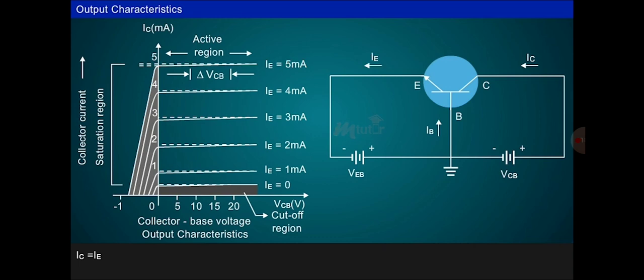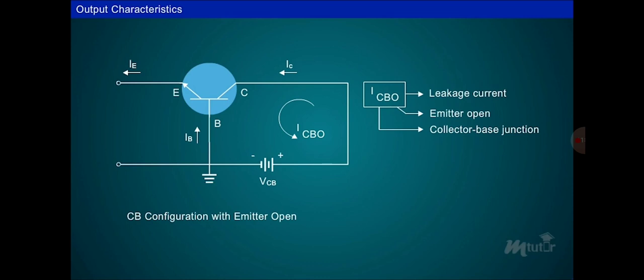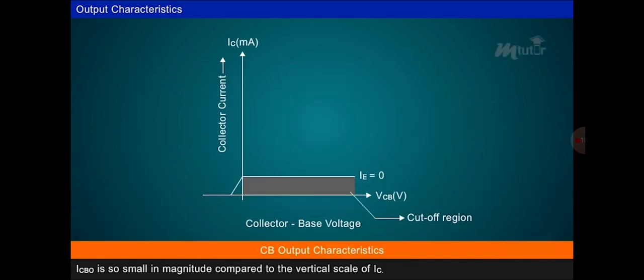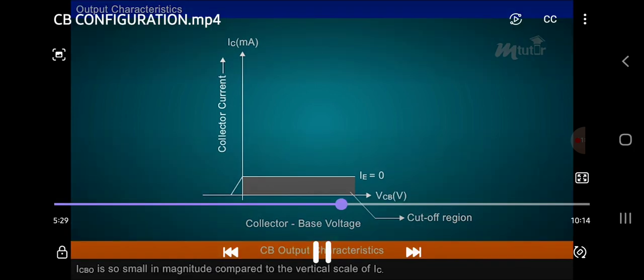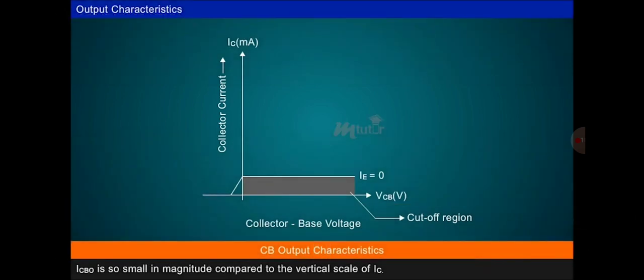If the emitter current is 0, the collector current is simply ICBO as shown in figure. This current is so small in magnitude compared to the vertical scale of IC that it virtually appears on the axis; it is exaggerated here for understanding purpose.